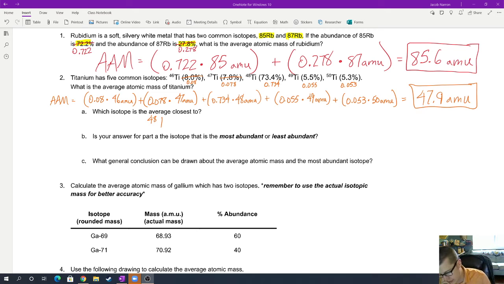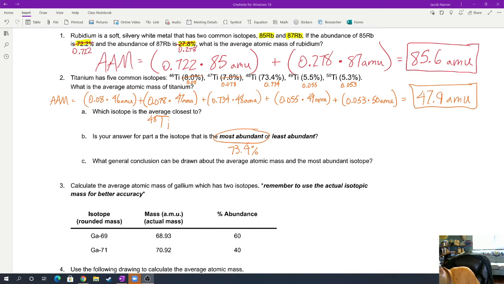Is your answer for part A the isotope that's most abundant or least abundant? Definitely most abundant. We saw that abundance was 73.4%. That is definitely the highest abundance. And then it said C, what general conclusion can be drawn about the average atomic mass and the most abundant isotope?